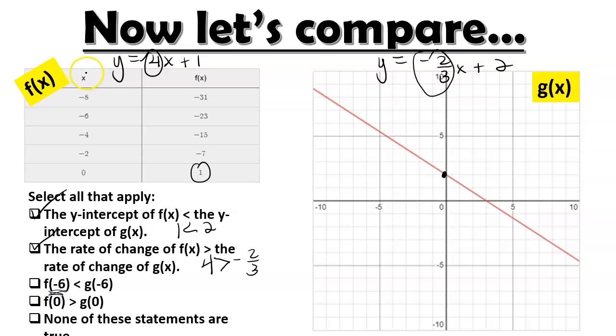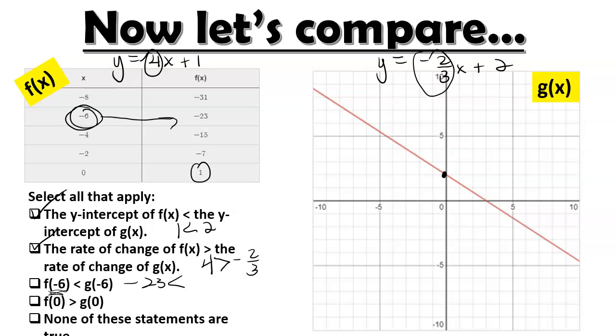So I'm going to go up here to my x's on my table, and here's -6. I'll look to see what's with it, and it's -23. If -6 was not there, you could have plugged in -6 for the x in y equals 4x plus 1 and solved to get your answer. So -23 is less than g of -6.